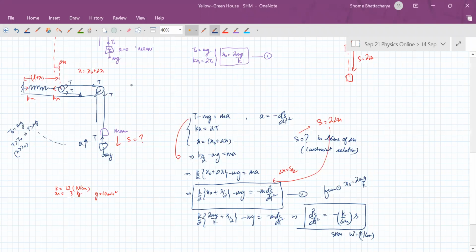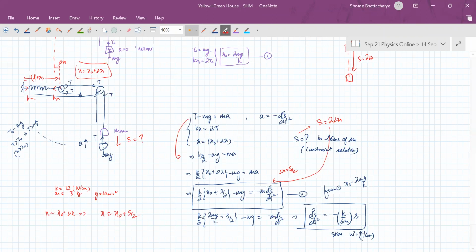Okay, now what we also have to remember is this constraint relation, that x is equal to x naught plus delta x. Which now means that x is equal to x naught plus s by 2.